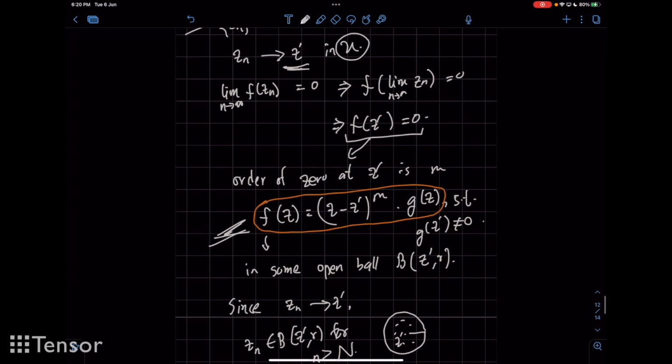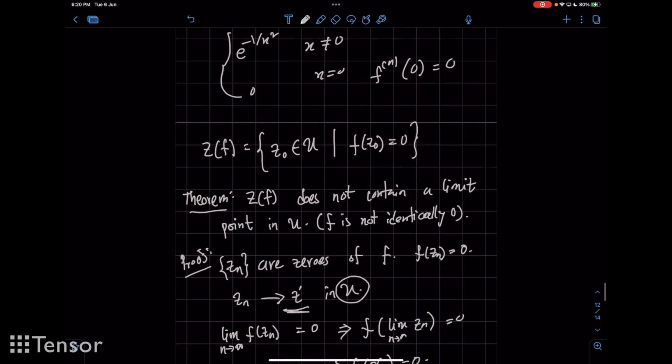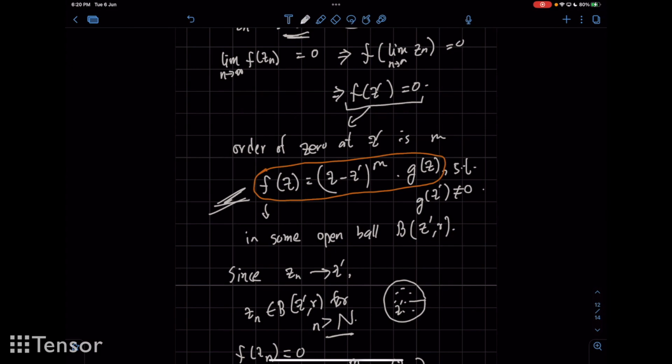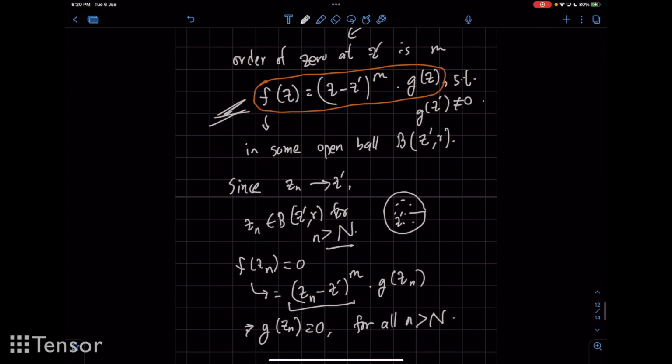Then suppose the order of the zero at Z prime is m. By the discussion above, we can factor out (Z minus Z prime) to the power m. Then we have this, and we also have g of Z prime is non-zero, and this equality holds in some open ball centered at Z prime.